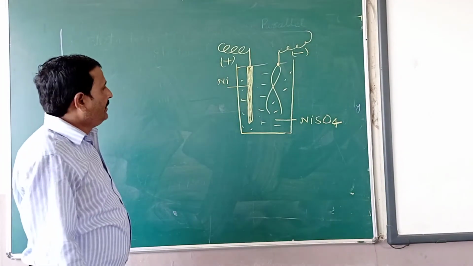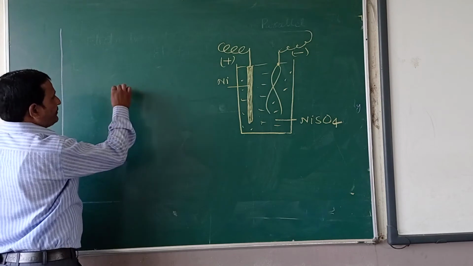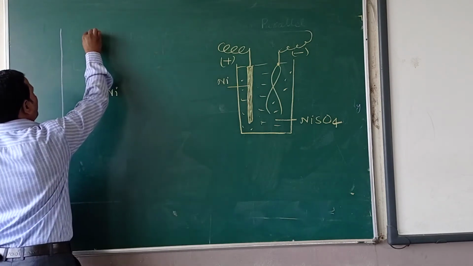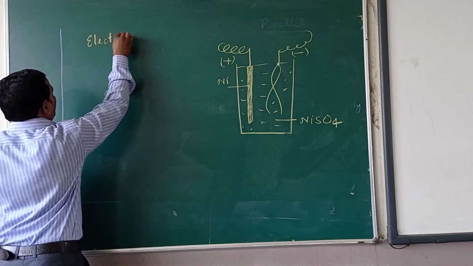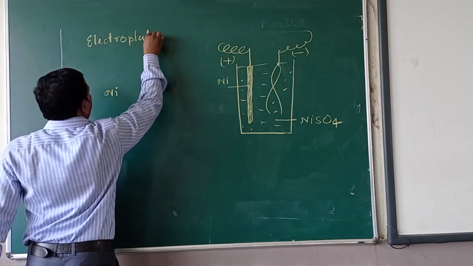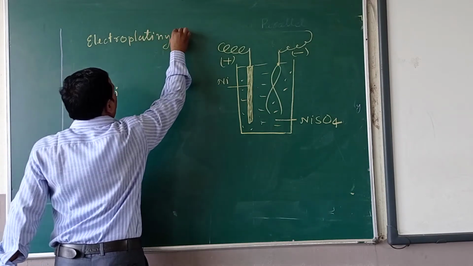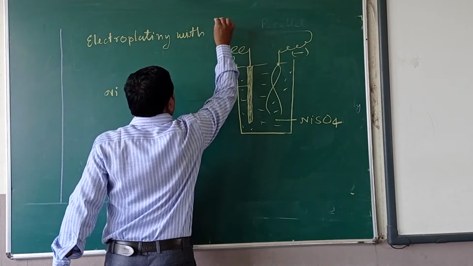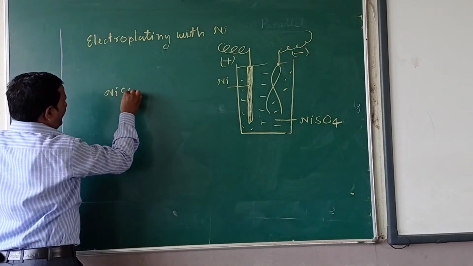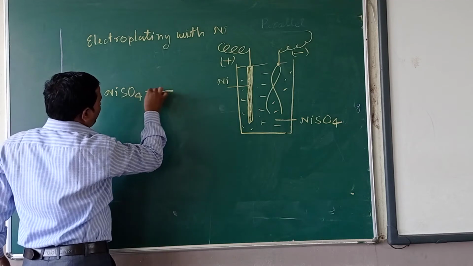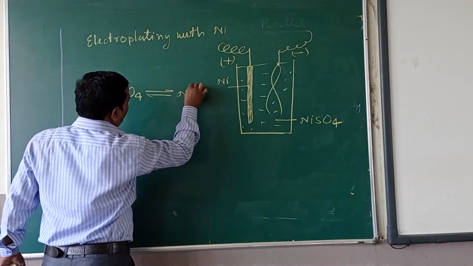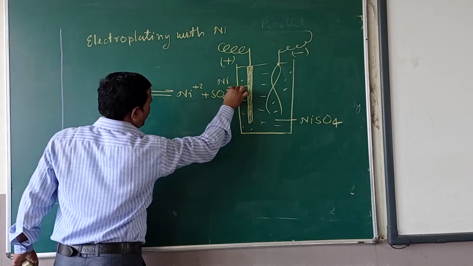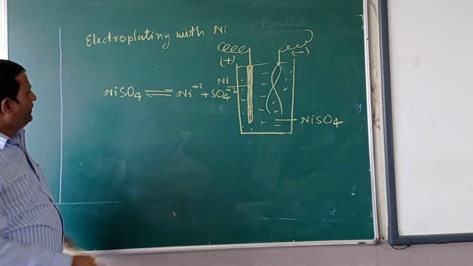Nickel sulfate. Now see the electrolytic reaction, electroplating with nickel. The electrolytic reaction: nickel sulfate gives Ni2+ and SO4 2-.